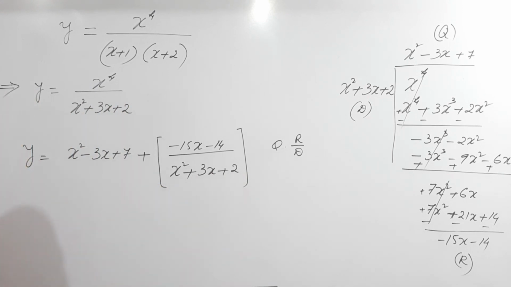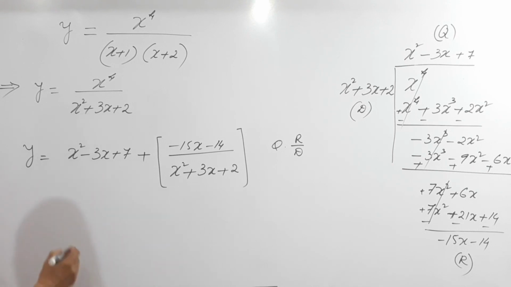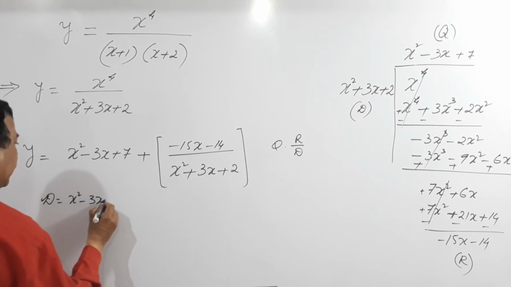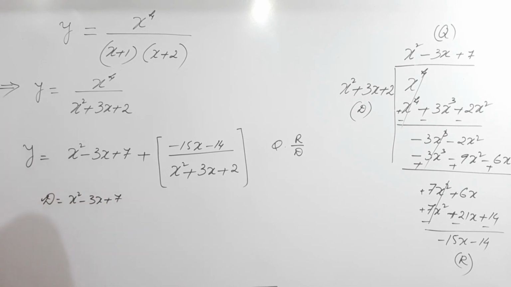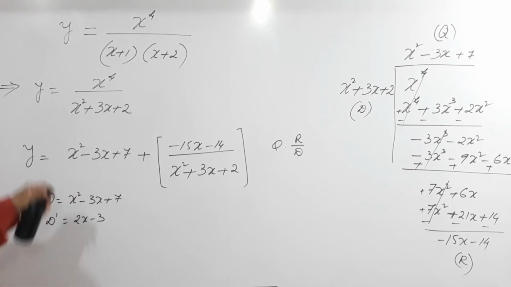Now what I'll do, for example, this is y. Supposing I differentiate this once, what happens? So now for example, we'll take d equals x square minus 3x plus 7, isn't it? What happens to d1? d1 will be 2x minus 3. You are differentiating it.